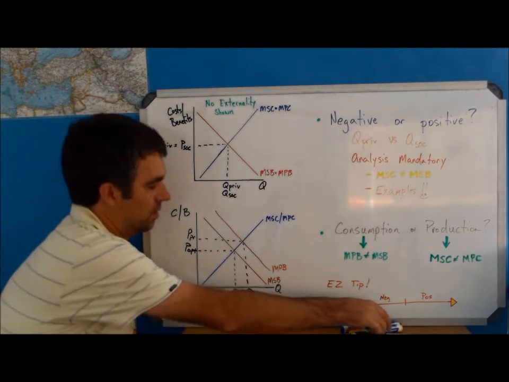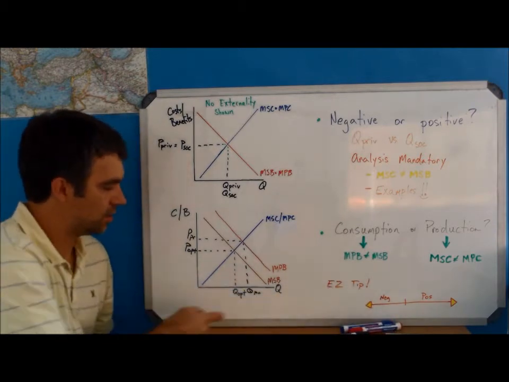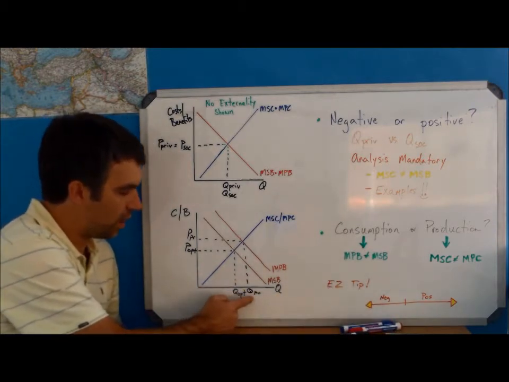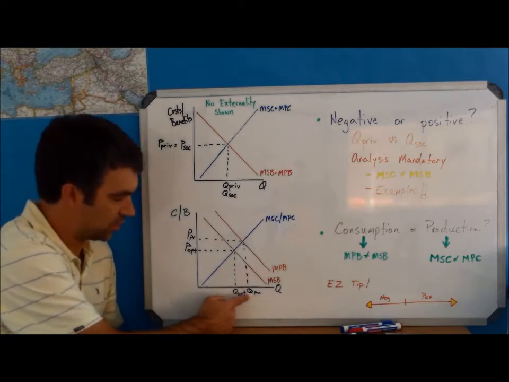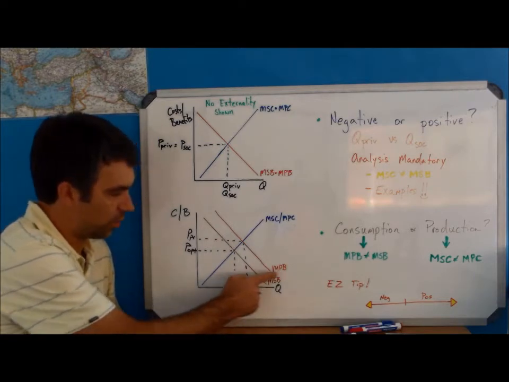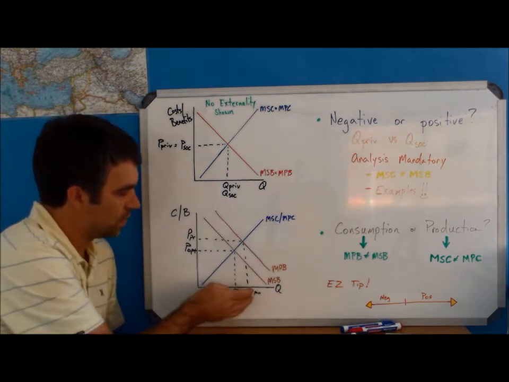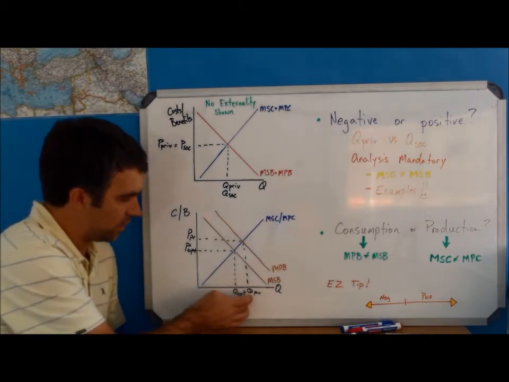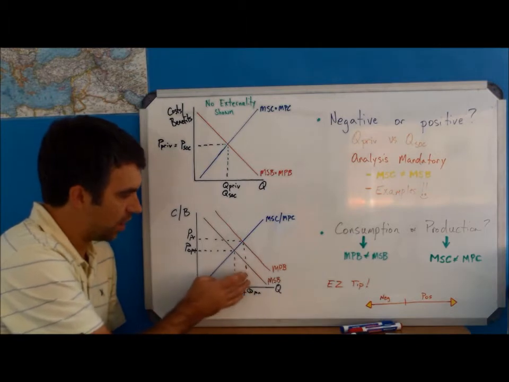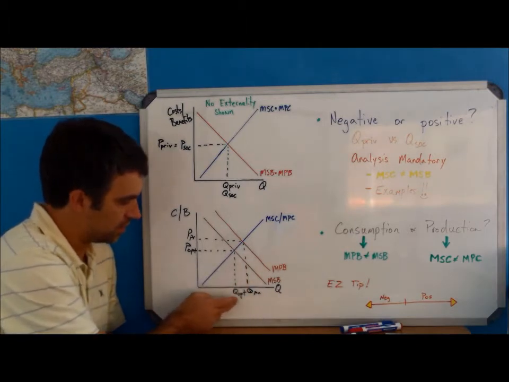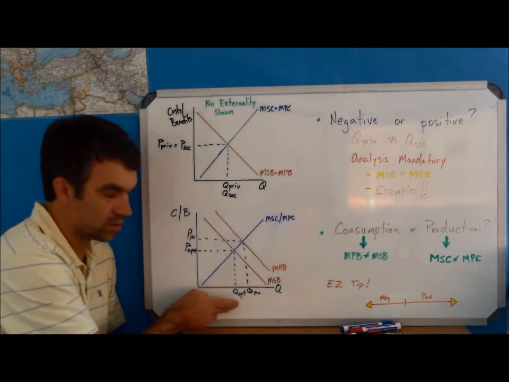consumption. To do our analysis, we start with where is the market producing? It's producing right here at Q private, where private benefits intersect private costs. The problem with this is, what we can see on the diagram is society wants less than these produced.